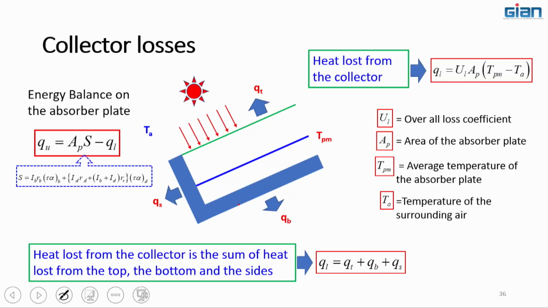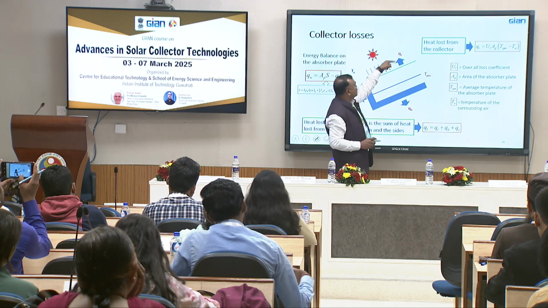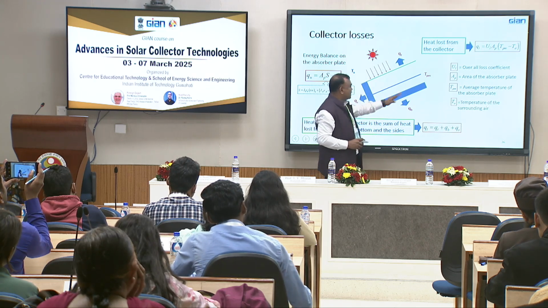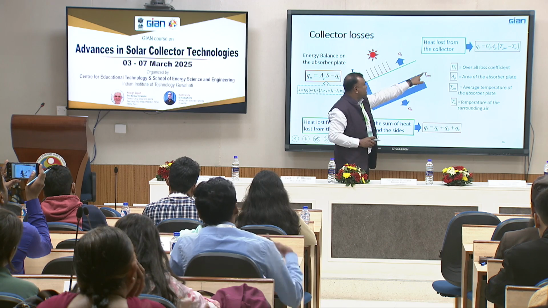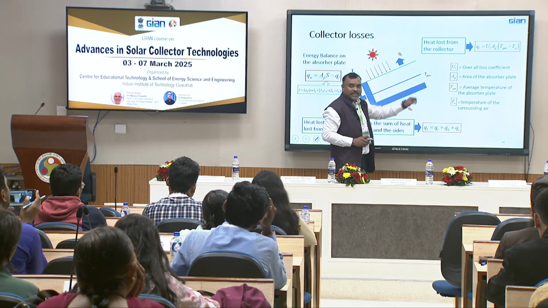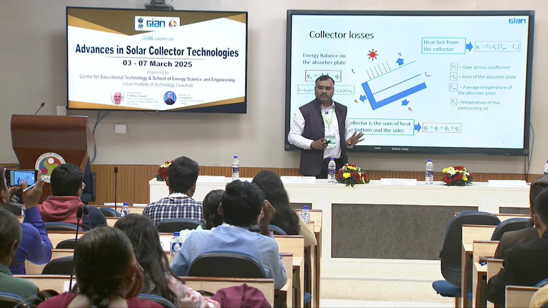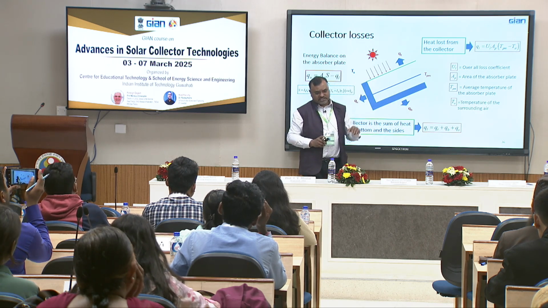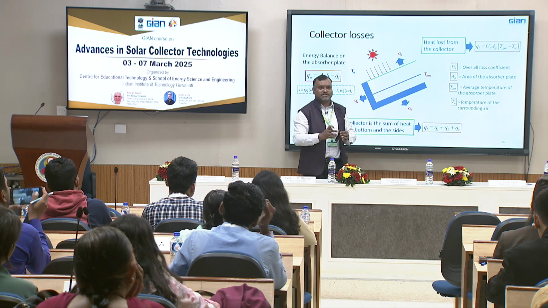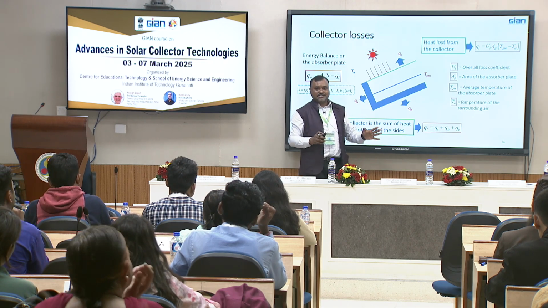So if we make an energy balance on the absorber plate, this is the absorber plate, solar radiation is falling, and these are the top losses, side losses and bottom losses. This is the plate temperature. Normally this temperature is unknown and it is very difficult to know. It is inside, you need to have a lot of thermocouples, and it is non-homogeneous.